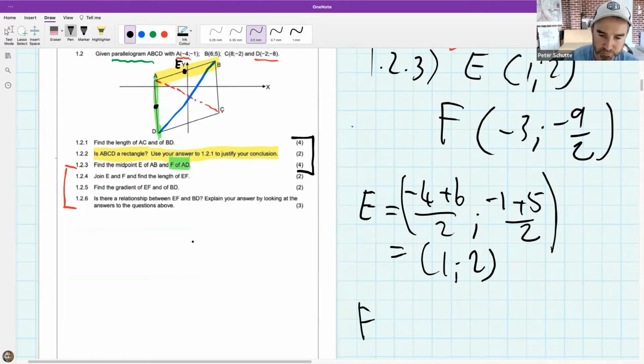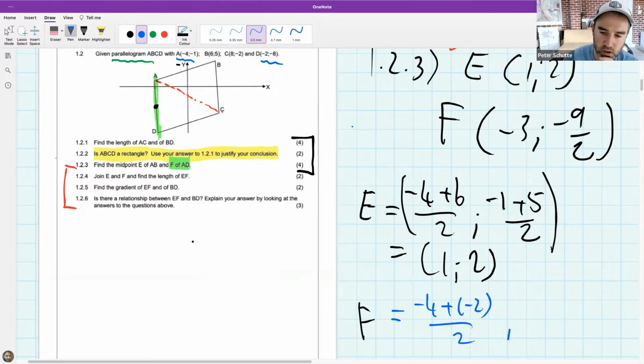How I got F, the only difference with F is that it's on the section AD, and so I need to focus on slightly different sections. F is on AD, so I need to focus on A and D, which is here and here. And so I'm going to add the two X coordinates, and I'm going to add the two Y coordinates, -1 plus -8 over 2.